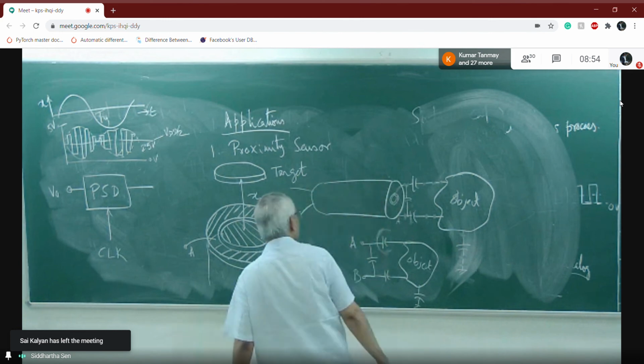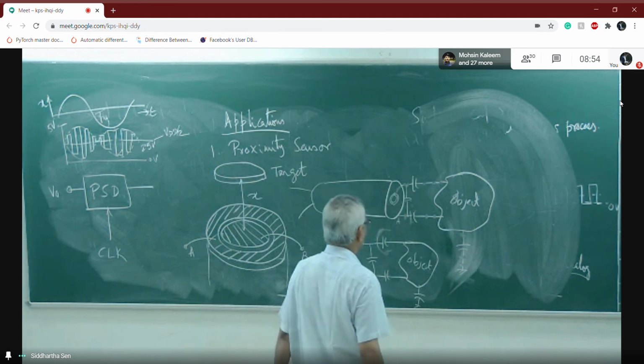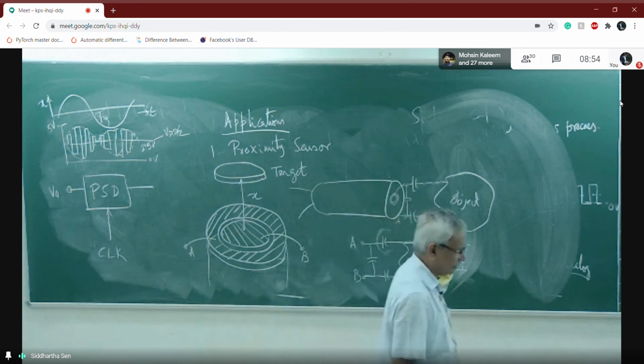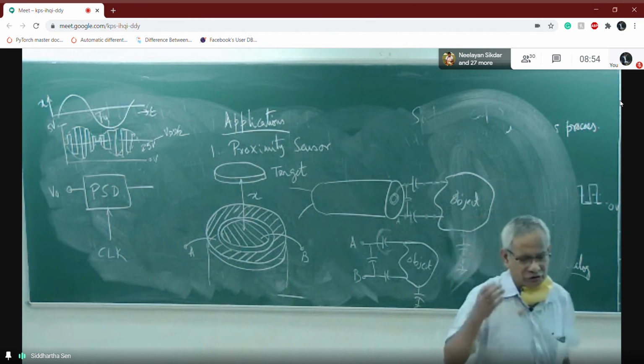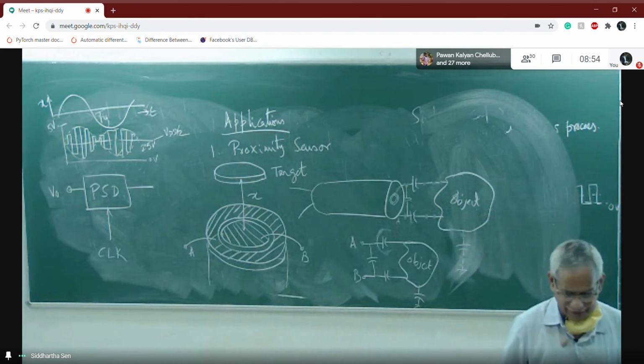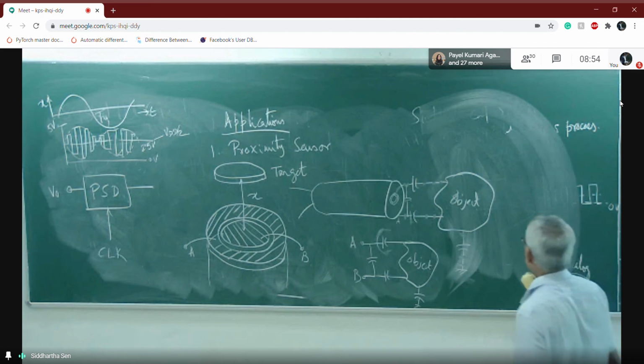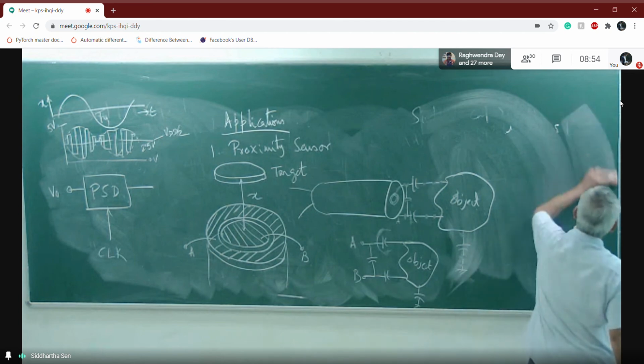If it goes beyond a particular voltage or limit, we can raise an alarm, or just stop it and trip it, and avoid many accidents. This is one of the things we are just trying to see. Another thing is also very important, unlike this one.